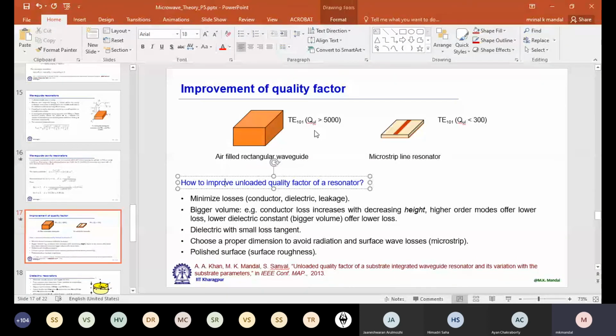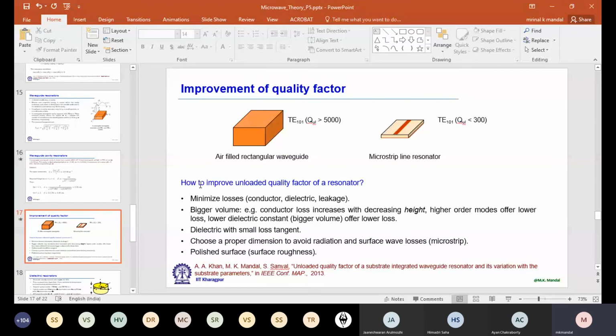We have a paper on it, studies of unloaded quality factor for different structures. Anyway, how to improve the unloaded quality factor of a resonator?